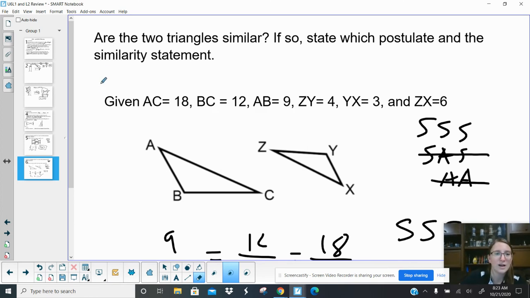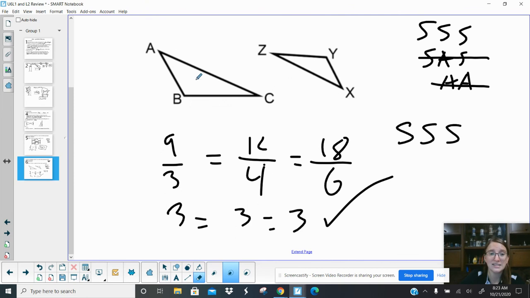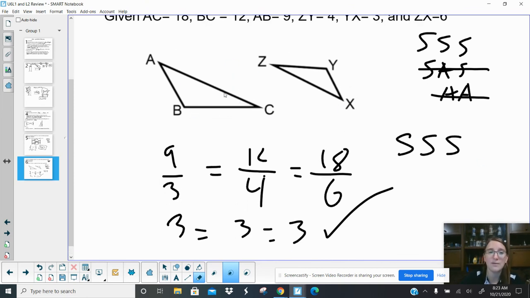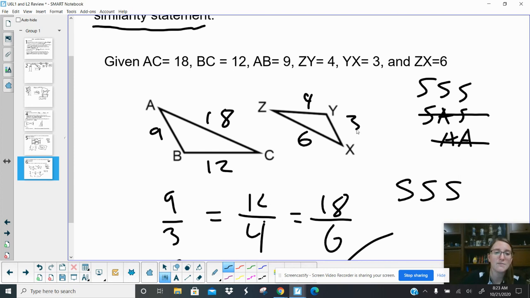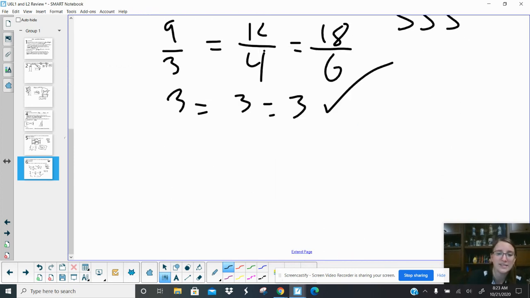We do want to write the similarity statement. That is naming the triangles that are similar. I'm going to go ahead and name one, and I'm going to relabel these sides actually because I need them here. 18, 9, and 12. We have 6, 4, and 3. I'm going to go ahead and name the first triangle ABC.